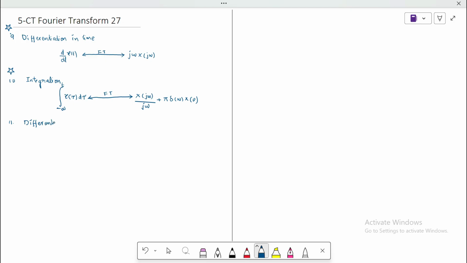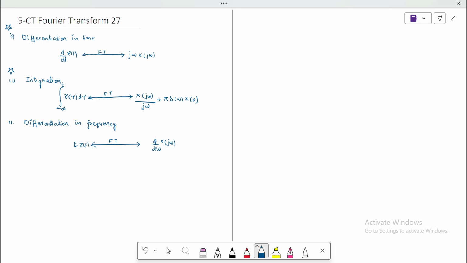Now, differentiation in the frequency domain: d by d omega of X of j omega equals minus j into t into x of t.